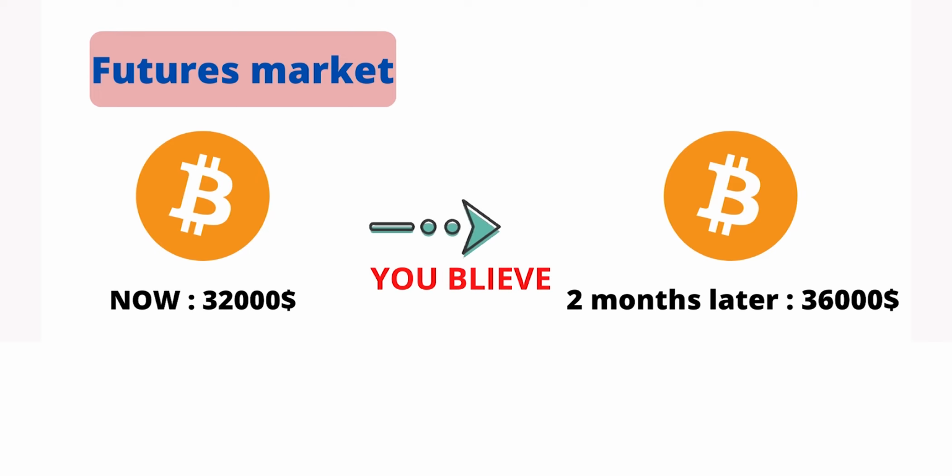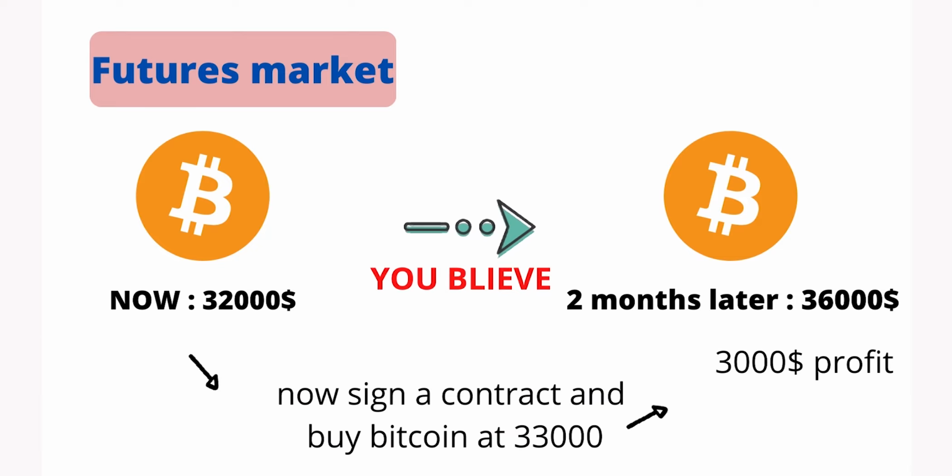Here's an example. Imagine that Bitcoin's price is now about $32,000, and you analyze the market and believe that 2 months later Bitcoin will be $36,000. So you sign a contract and buy Bitcoin at a price that is more than current, for example $33,000.